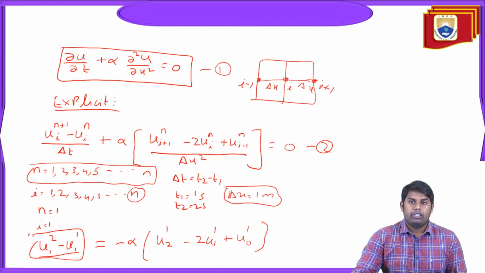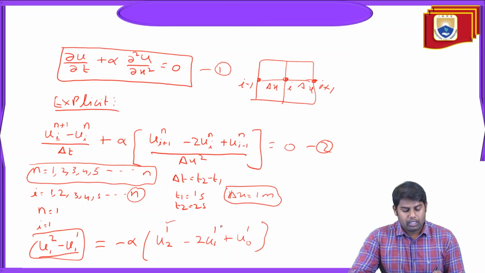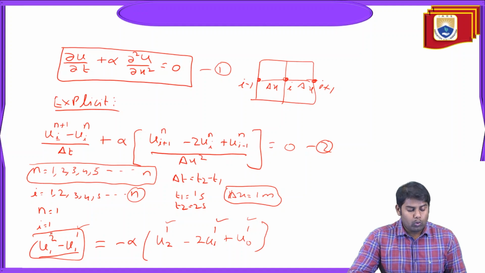If we observe here, whatever the powers we have as 1, they are the initial values. The initial values will be known from the initial condition itself. The power 2 indicates the final value, or the next value, or the unknown value.